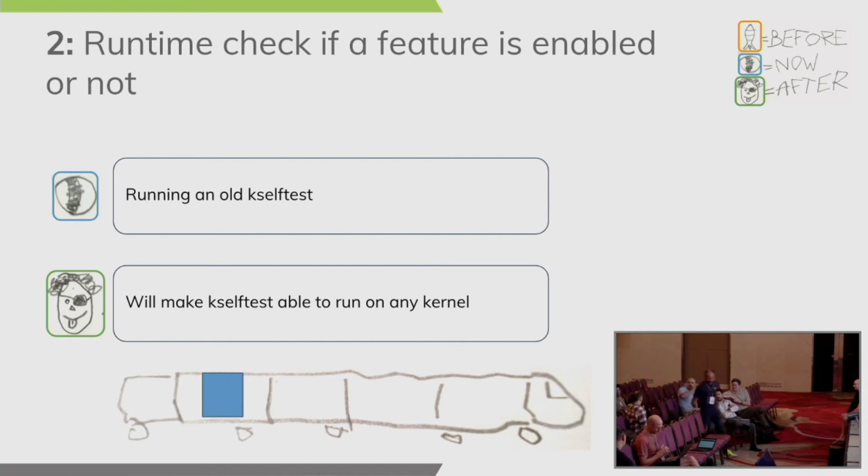So this is a Kselftest problem: for new features in the kernel, those tests fail on older kernels often. They should check whether the kernel supports that feature and skip rather than just failing, which is what actually happens in most cases, I think.